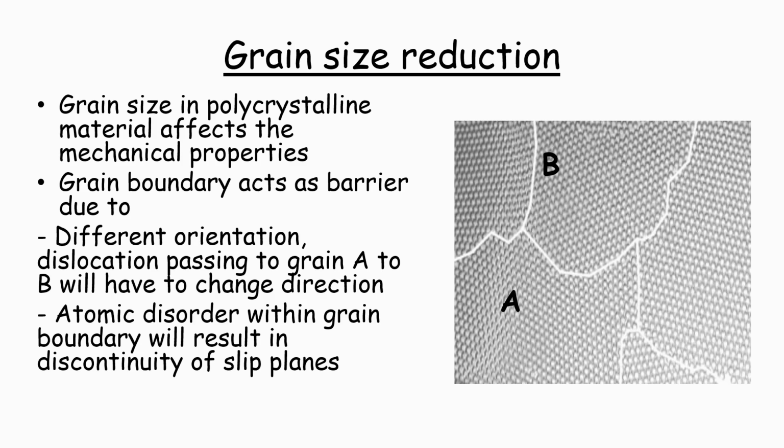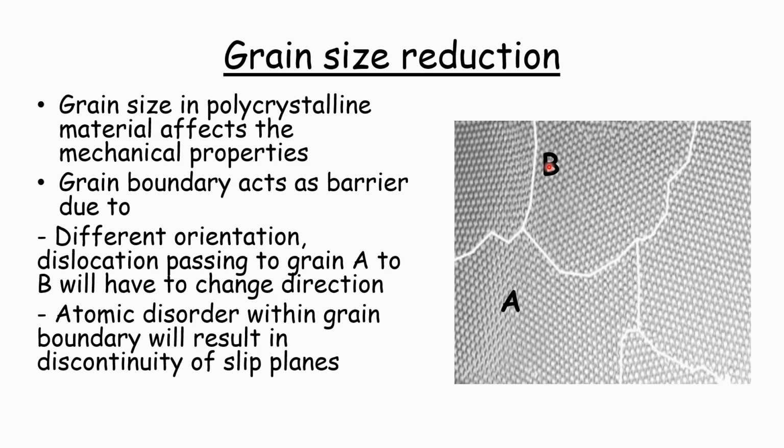Like what you can see here, we have a grain boundary, as you can see in the figure here. So what does the grain boundary do? It will hinder, or we can say, avoid dislocation movement by causing directional changes and creating a slip plane discontinuity.